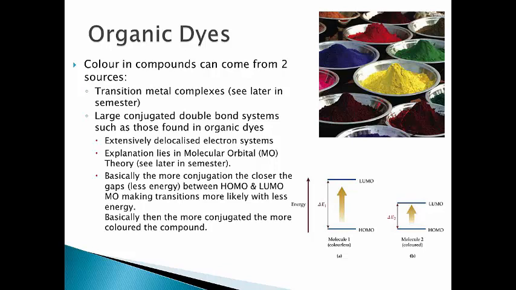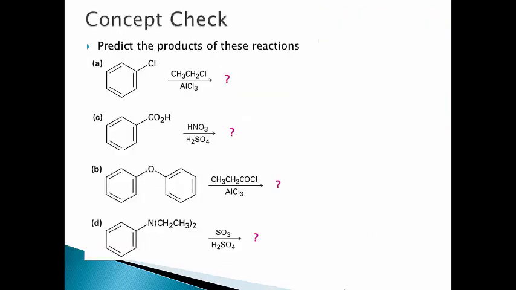If we have a really conjugated system, the gap's really, really small and the electrons can jump between them and we have a coloured compound. If we have a non-conjugated system, they're really big HOMO-LUMO transitions. We'll talk about this later in the semester. Conjugated systems such as aromatic compounds are very, very common in organic dyes and having colours.